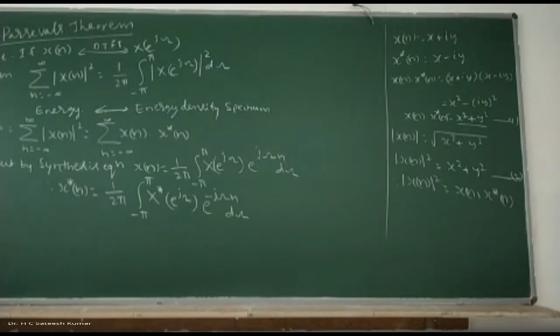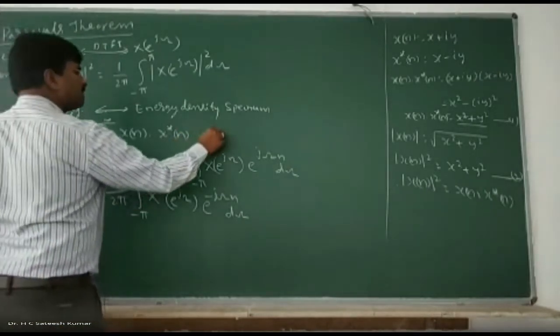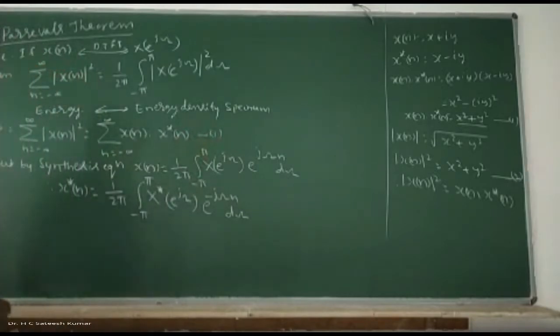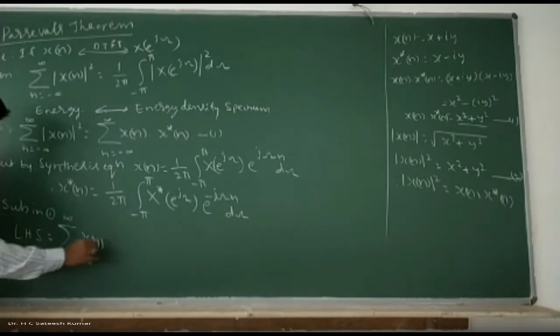Now you substitute in this equation. Substituting in equation number 1, what do you get? LHS is equal to summation n varies from minus infinity to plus infinity. Keep the x of n as it is. Substitute the x star of n.